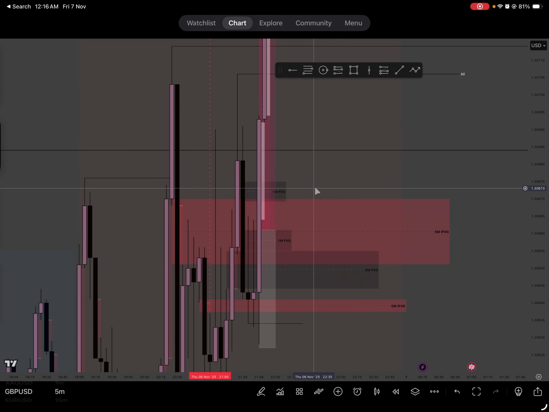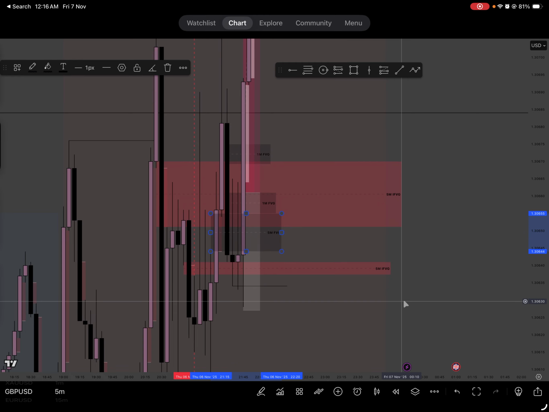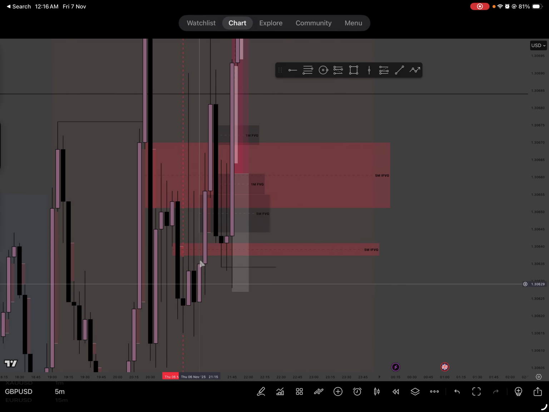We created a 5 minute fair value gap, which was here on that move up, right? And on this leg up, we also had that bearish POI I was talking about, the one where we closed below it after taking out these highs, which were up here, right? And so on that move up, this acts as some form of support, right?